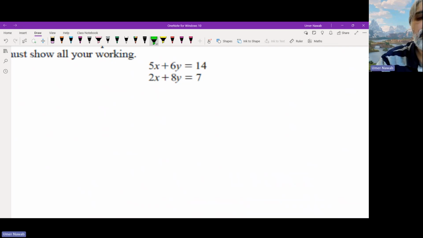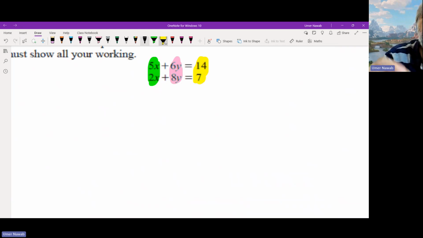Slowly, we head to the difficult type of questions. I'm happy somehow that x is under x, y is under y, and constants are under constants. Now I want to cancel either x or y.